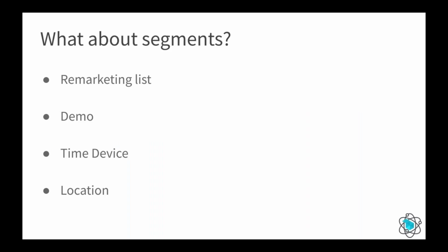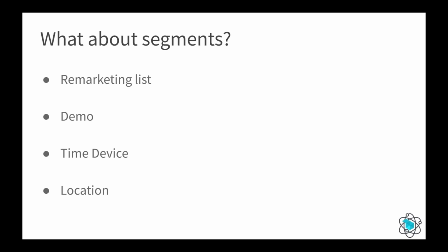By segments here, I'm referring to the fact that Google, in the last few years, really moved fast to make things more sophisticated than simple keywords. Now we can slice our audience by remarketing lists or even audiences if our users are in market for a specific product.